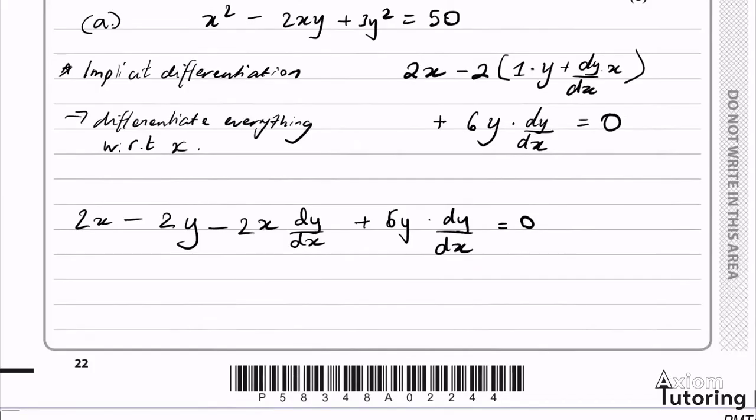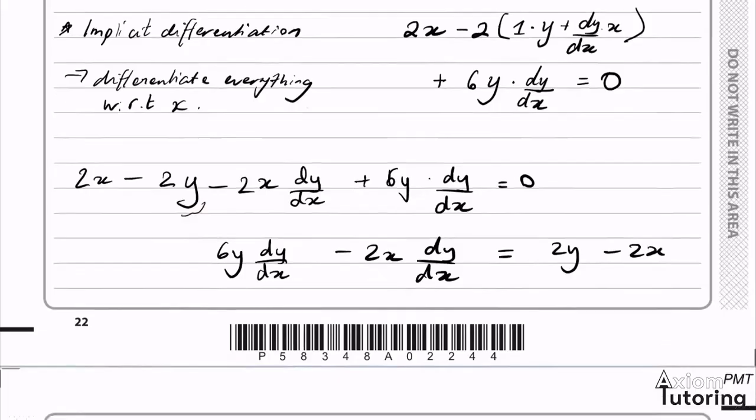So let's move these terms onto the right-hand side. What do we get? Put the positive term first: 6y dy over dx minus 2x dy over dx equals 2y minus 2y... equals 2y minus 2x.